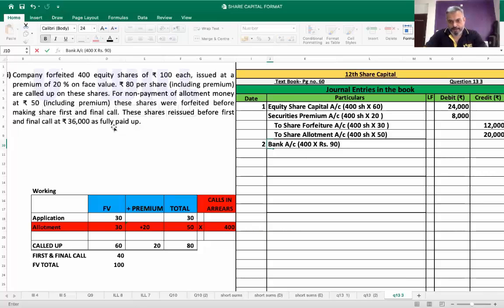So bank account debit 36,000, share forfeiture account debit. Now they are all issued as fully paid up. So 100 rupees is fully paid up, 90 we have received, so we will give 10 discount from share forfeiture. So share forfeiture account debit 4,000 to equity share capital.